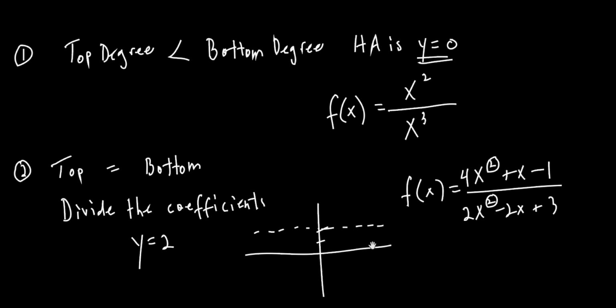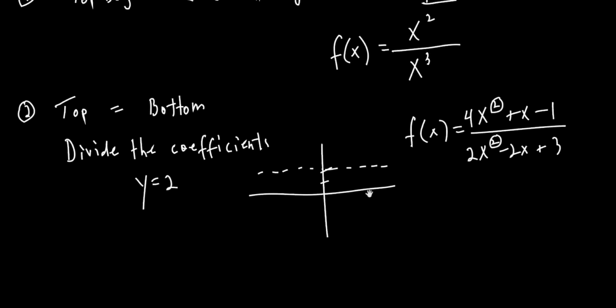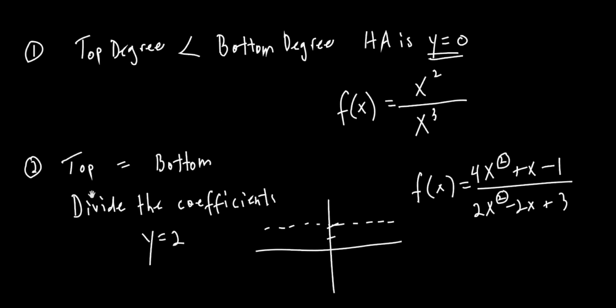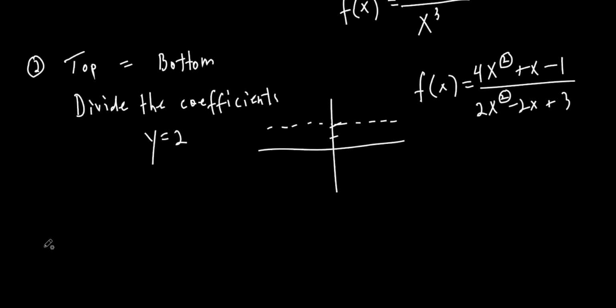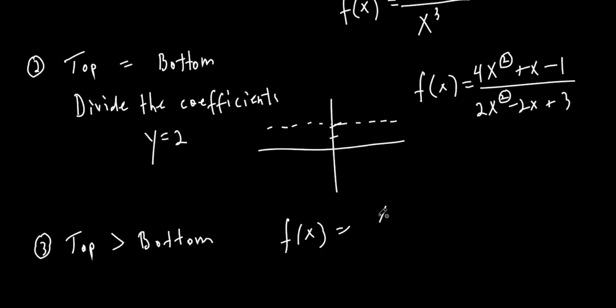And then there's the third one. So you got the top is less than the bottom. You got the top is equal to the bottom. What do you think the third one's going to be? Greater. Yes. The top is greater than the bottom. So if you had something like, I'll just make it super easy, x to the 5th over x squared.